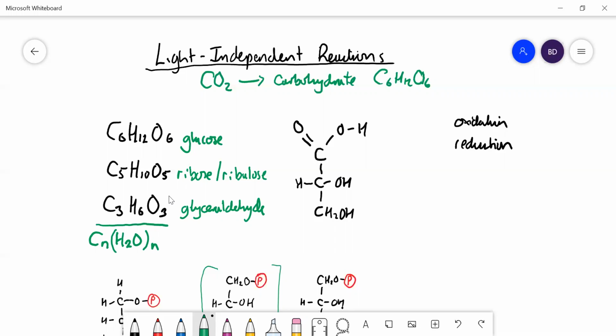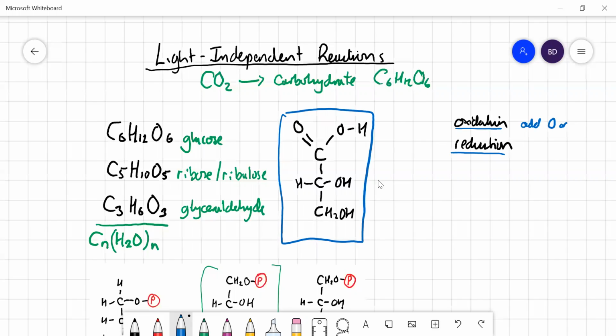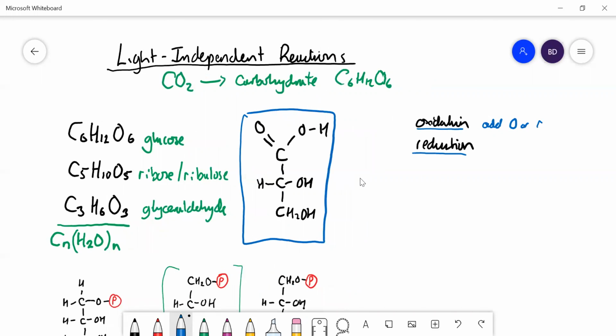Before we think about this little formula, I just want to talk about oxidation and reduction. In organic chemistry, oxidation you can think of as adding oxygen or removing hydrogen.